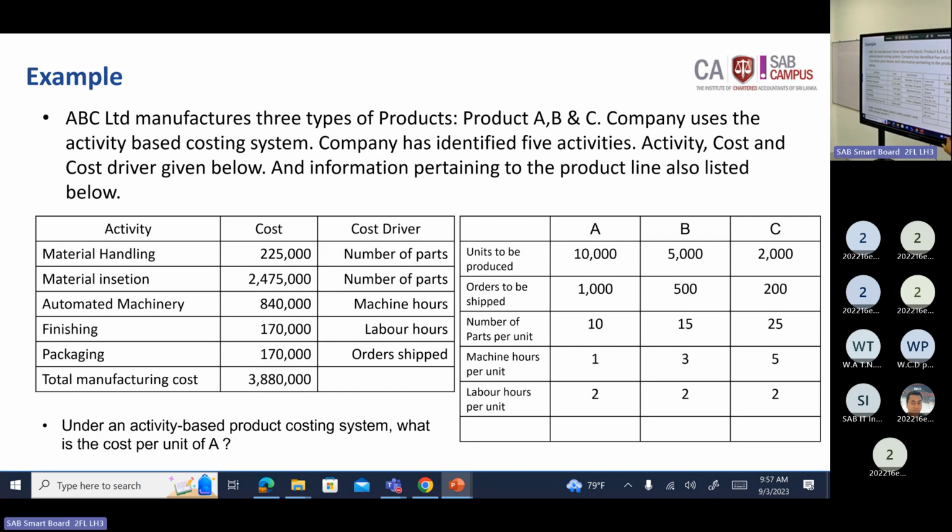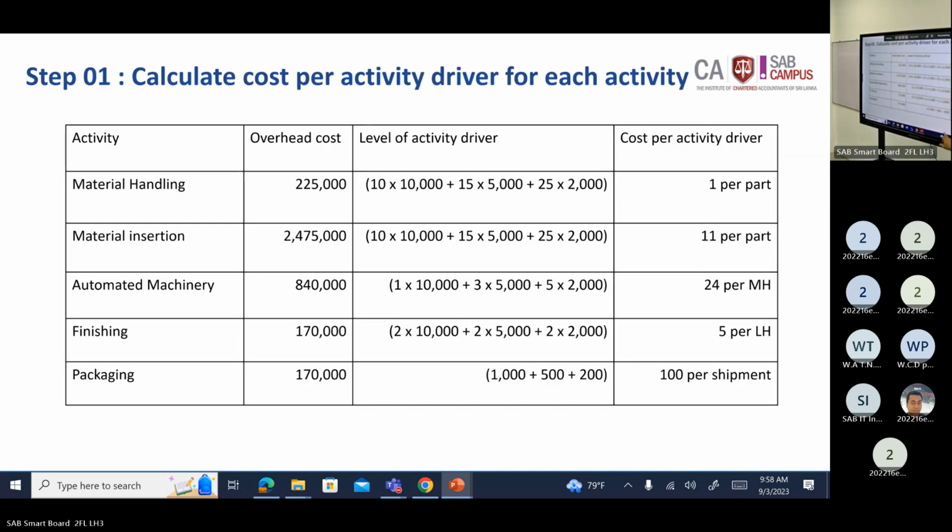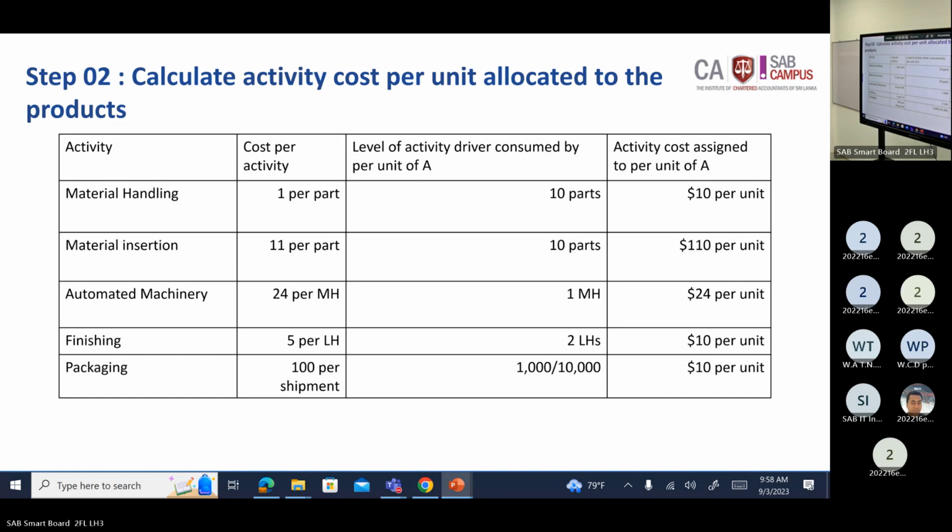Total number of units 10,000. 10,000 වලට යනවා orders to be shipped 1,000. එතකොට එක order එකක 10ක් යනවා. ඔක්කොම 10,000යි orders 1,000ක් යනවා. ඕඩර් එකේ shipment cost එක 100යි. ඕඩර් එක product 10ක් ගන්නවා. ඒ නිසා 10.